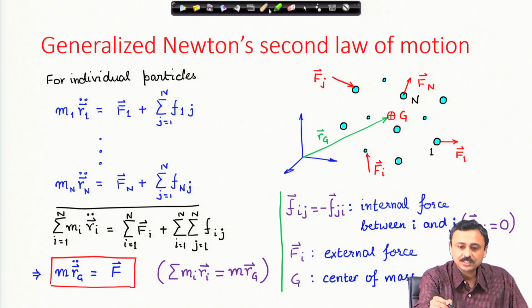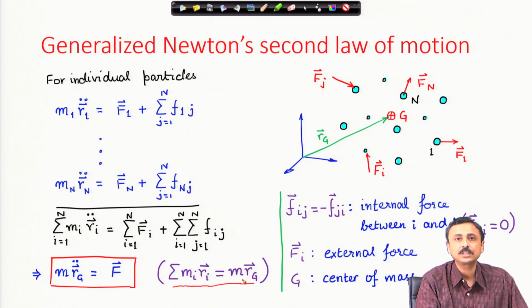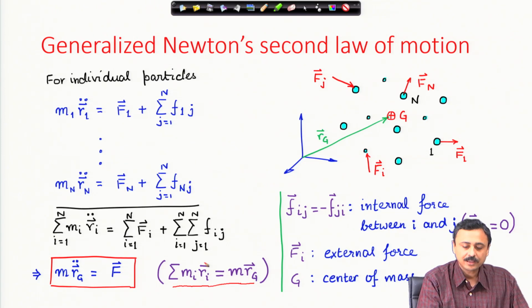Here there is one step that needs to be pointed out. I have used this definition of center of mass. Summation of m_i r_i must be equal to the total mass times position vector of center of mass. This is the standard definition of center of mass. Therefore, I can take one time derivative, I can take two time derivatives.